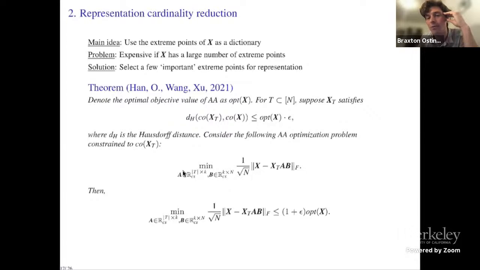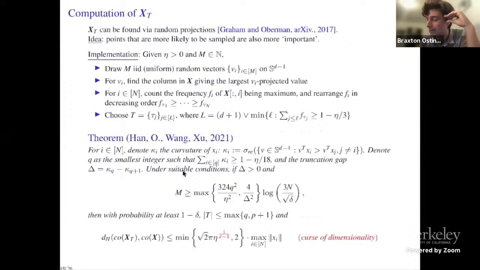In fact, more than that, maybe we'll even throw away extreme points if they don't have large curvature. I glossed over this a little bit, but there's an interpretation in terms of the points that we keep in terms of curvature, and we throw those away too if they don't have large curvature.